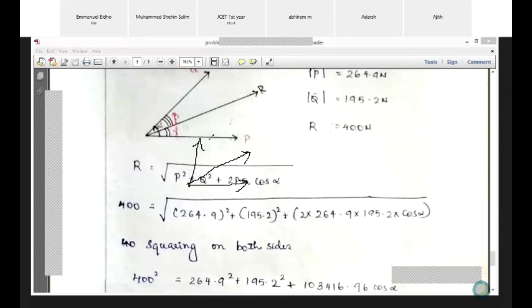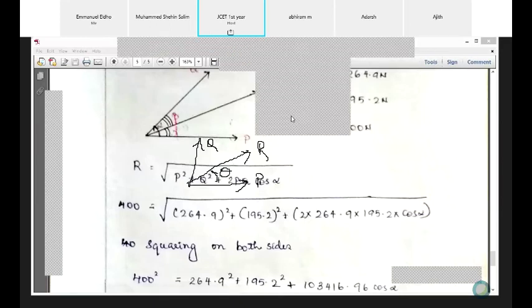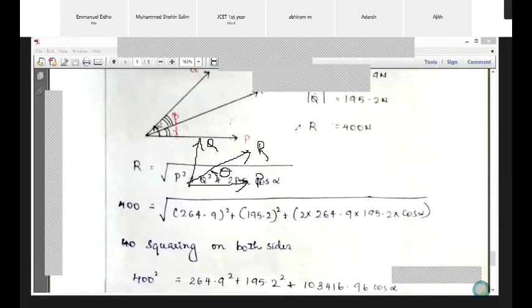P R we have resultant force with the horizontal theta. You know that equation.